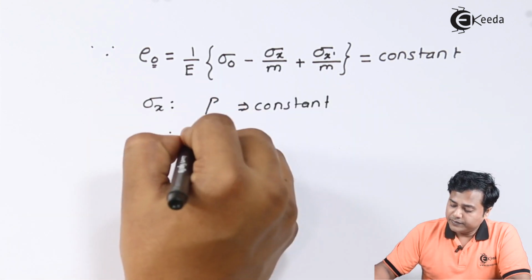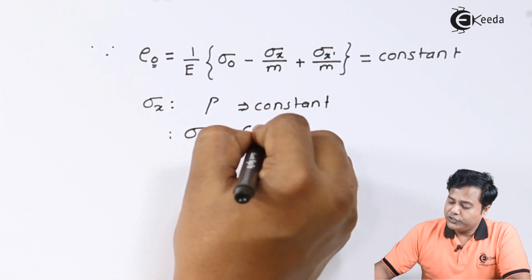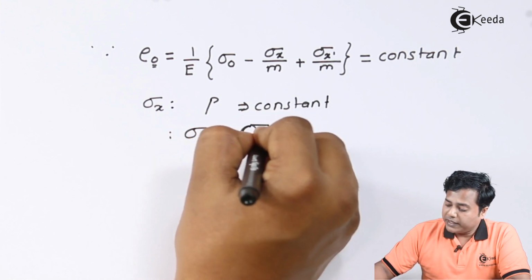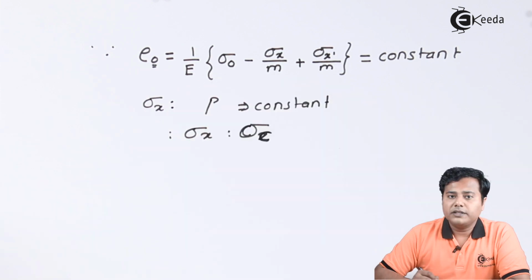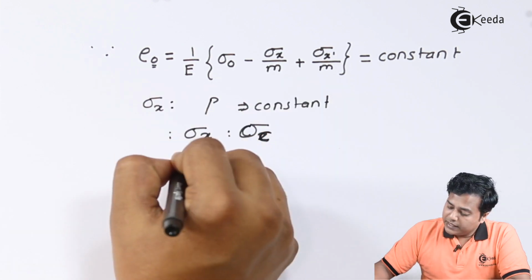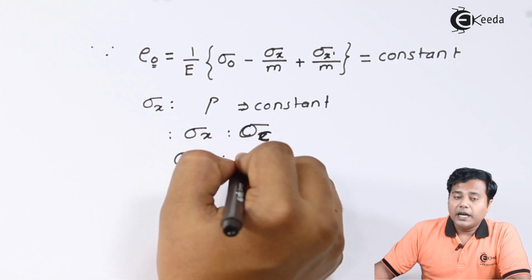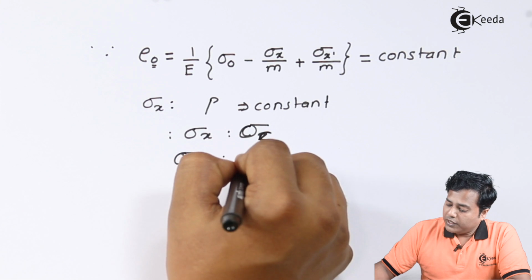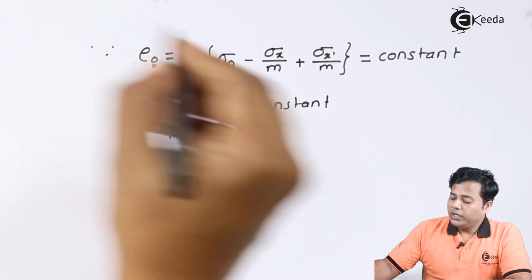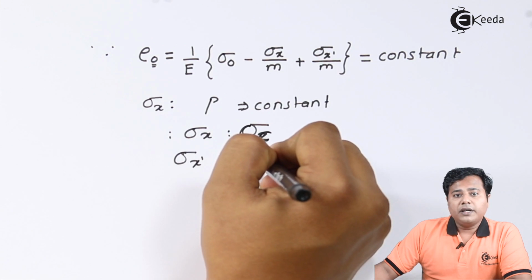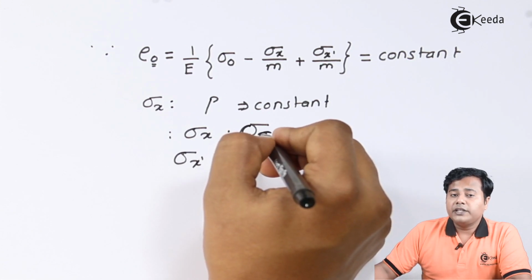Second thing is sigma X is circumferential stress, or we'll denote it by sigma C. Next thing is sigma X dash is radial stress, so we'll denote it by sigma R. Like we said, radial stresses are prominent in thick cylinders.